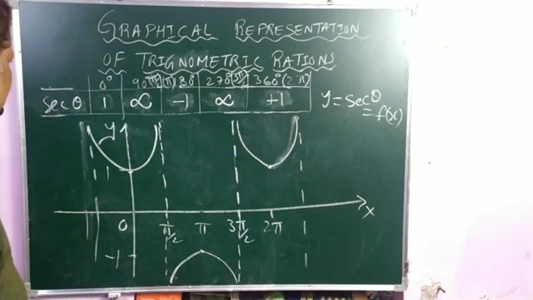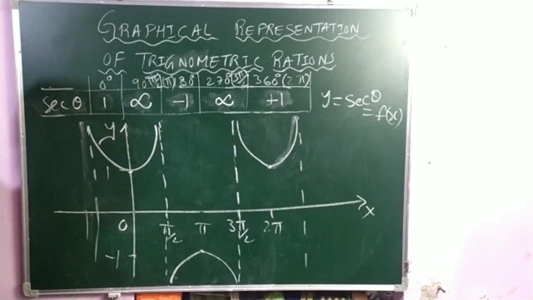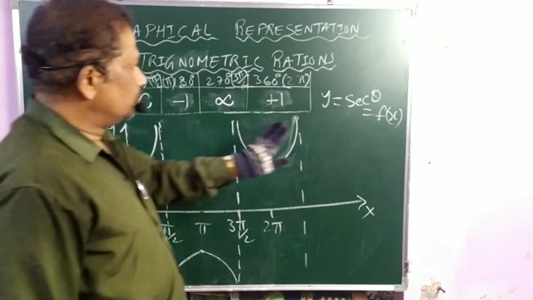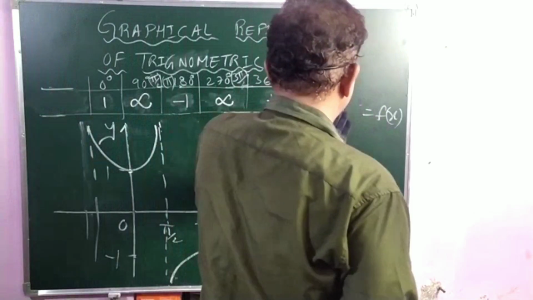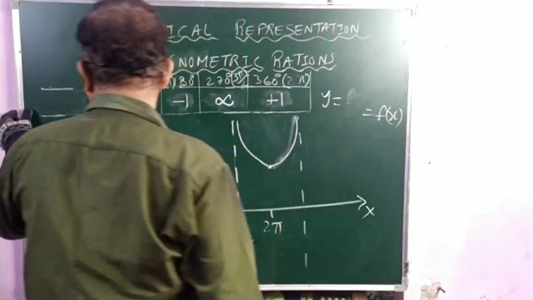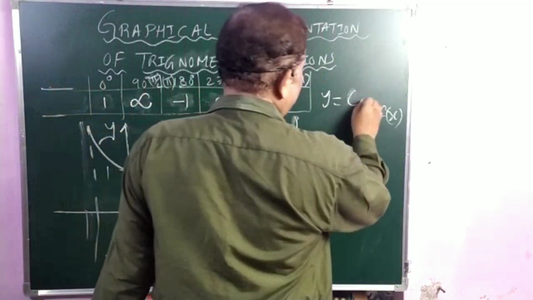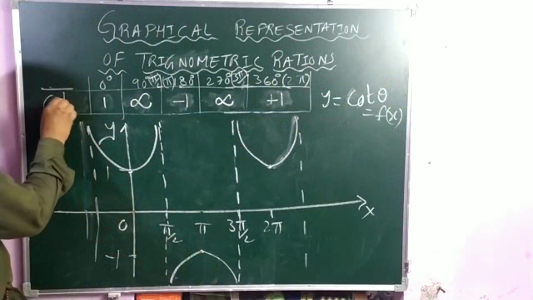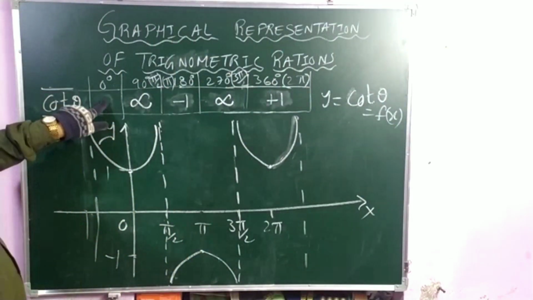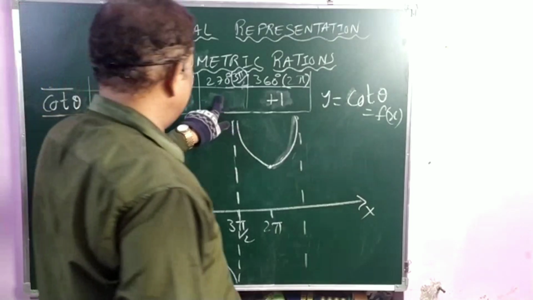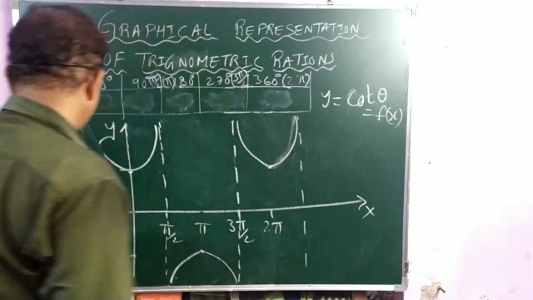Okay. Cosecant theta was already finished. Next, cot theta. Finally, cot theta. For this you have to drop all these values.